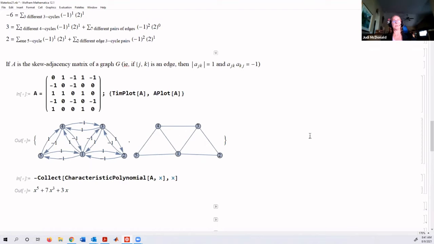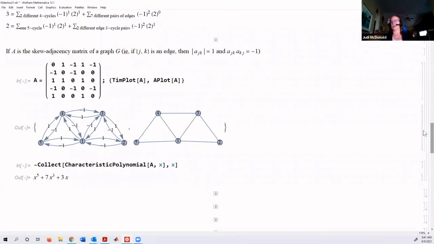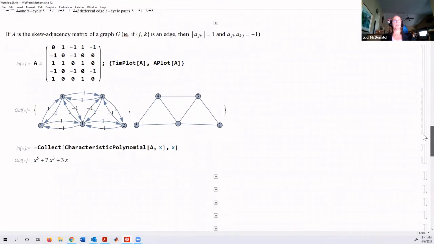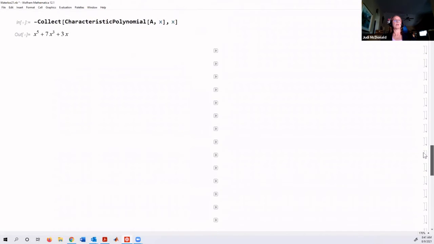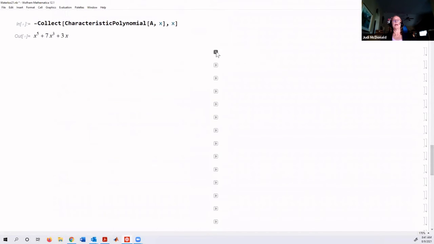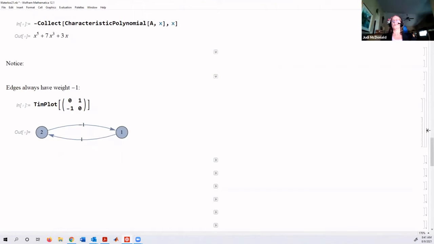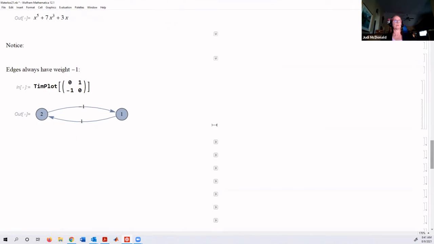So let's go a little slower, because this is sort of the theme of my talk, and let's see how this affects the structure. If I've got an edge, it's got weight -1, because one direction is always going to be -1 and the other direction is always going to be 1.